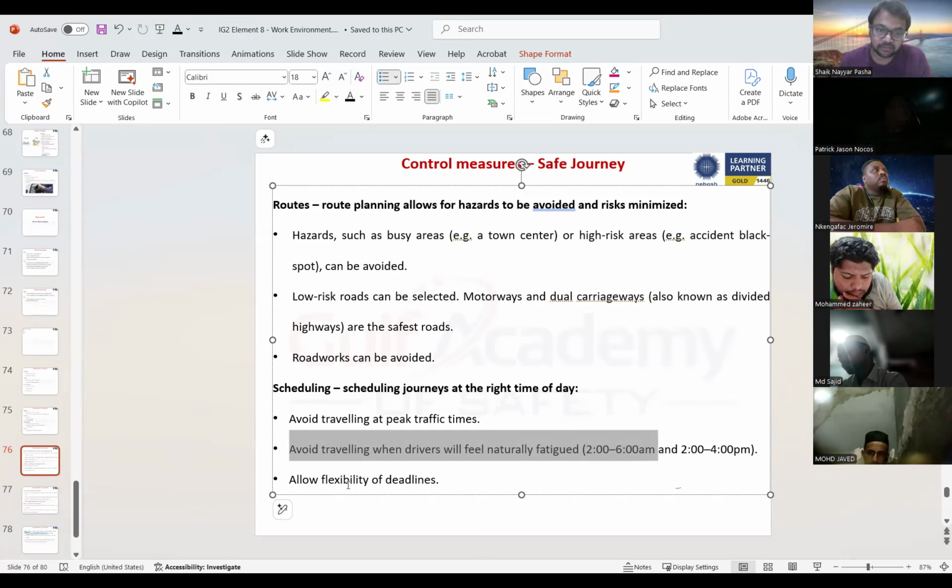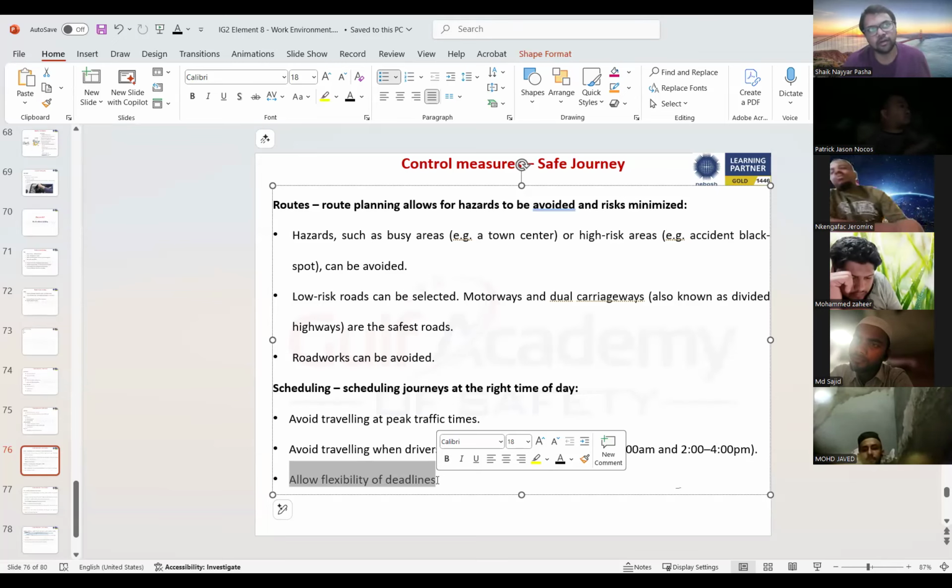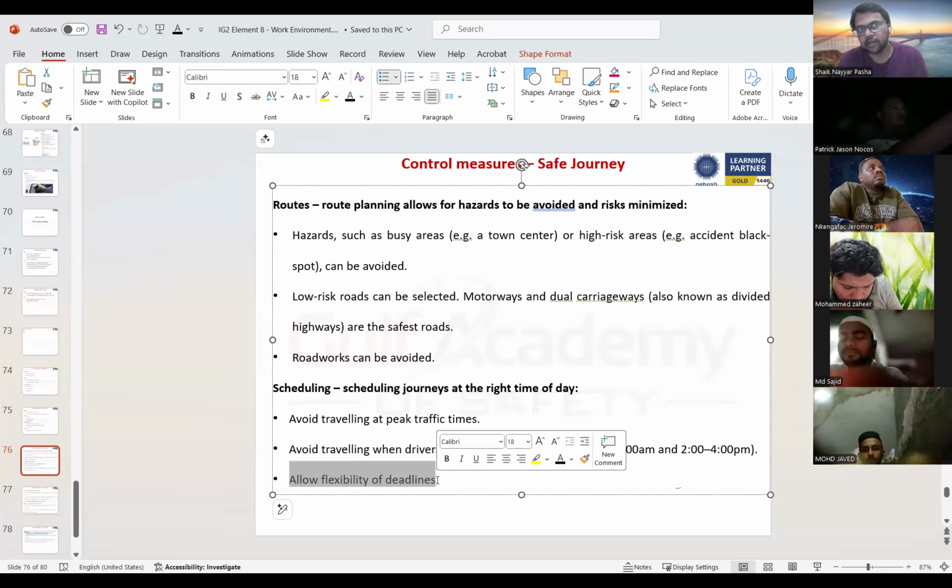And second, the last point, allow flexibility of deadlines. Impractical deadlines put unnecessary pressure on the driver. So if you're telling a person to deliver the goods in 1 hour, and he is supposed to travel 80 kilometers or 100 kilometers in 1 hour, do you think he'll drive safely? Okay.